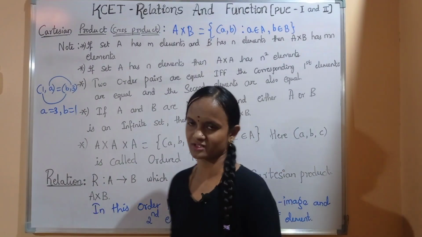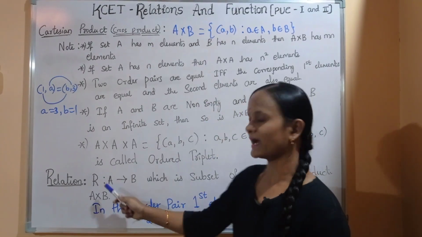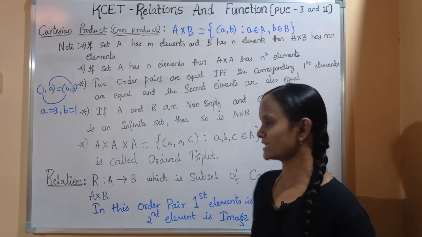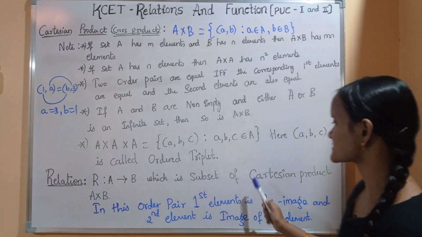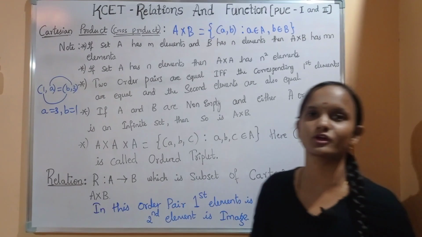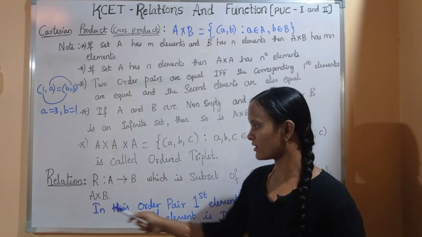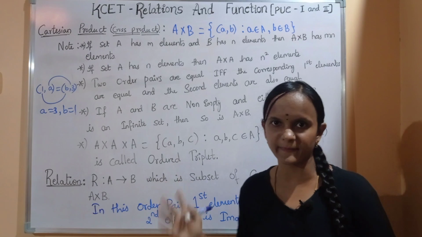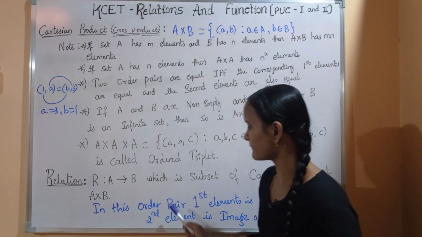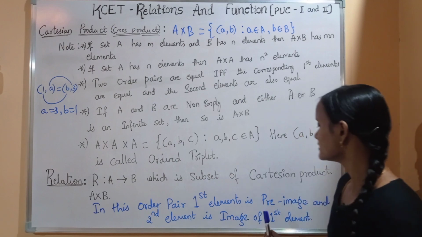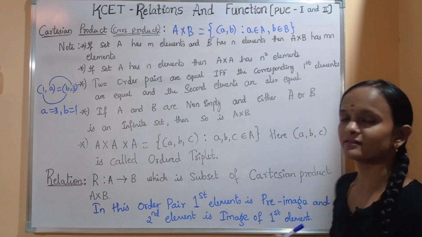Next, relation. Let R be a relation on two non-empty sets A and B, such that R is a subset of the Cartesian product A cross B. So, in the Cartesian product we will get ordered pairs, right? In those ordered pairs, the first element is the pre-image and the second element is the image of the first element.